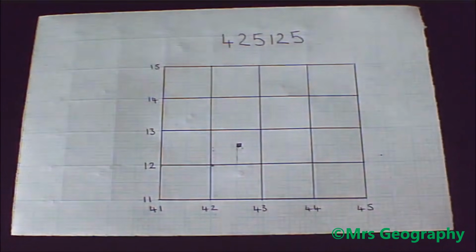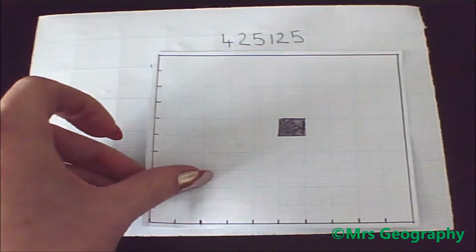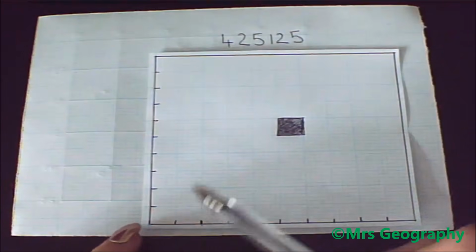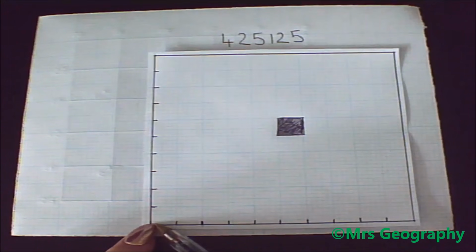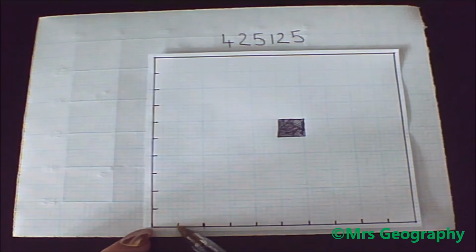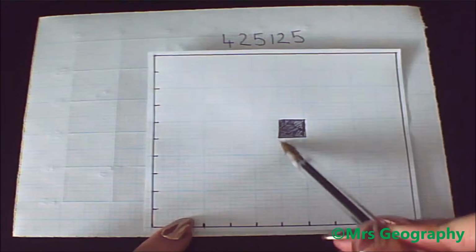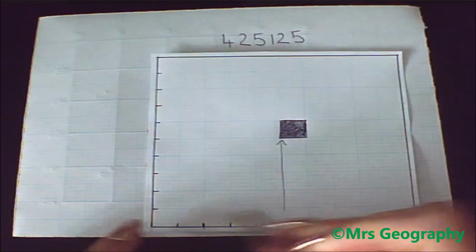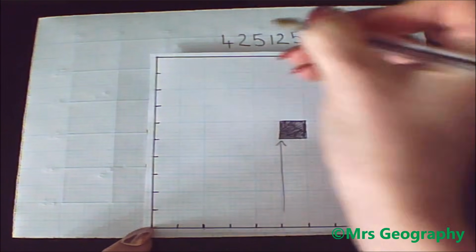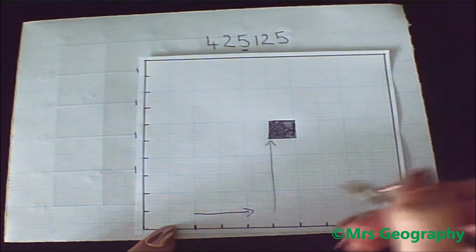Now if I was to blow up that grid square, we can see that this point is 1, 2, 3, 4, 5 away from my bottom left hand corner, hence the first 5, always along the corridor first.